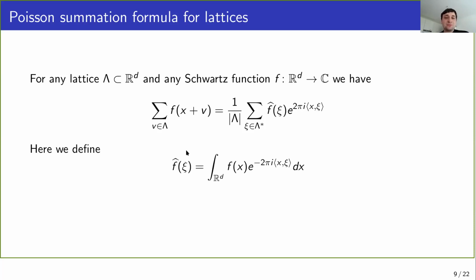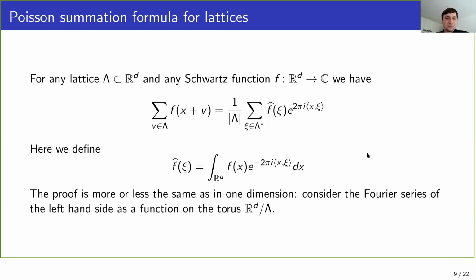The notation is more or less the same as in the one-dimensional case: normalize the Fourier transform by minus 2 pi i in the exponent. And the proof is almost verbatim the same. You just have to consider, instead of the one-dimensional torus, the d-dimensional torus, and you do the Fourier series on that space.